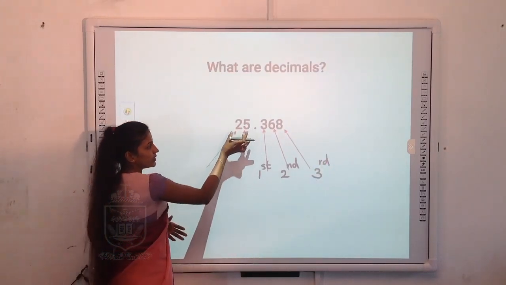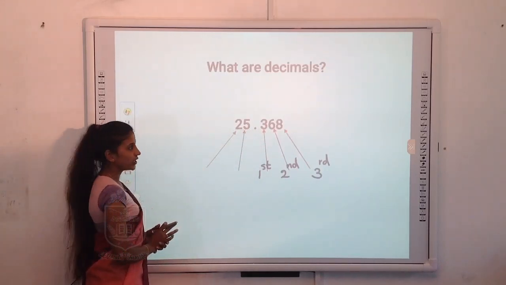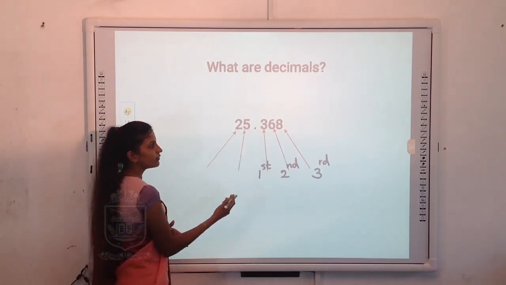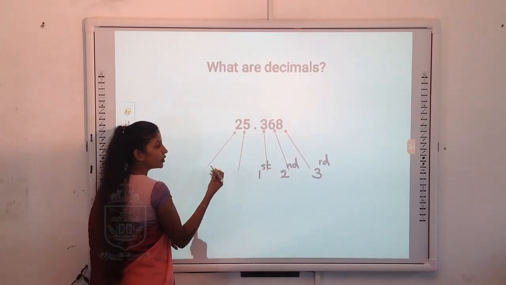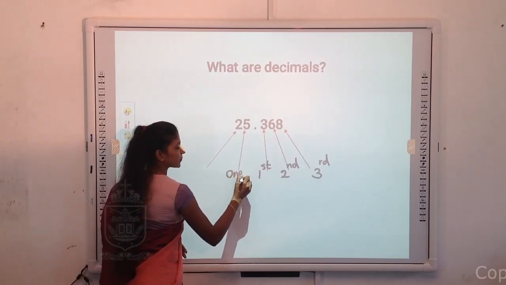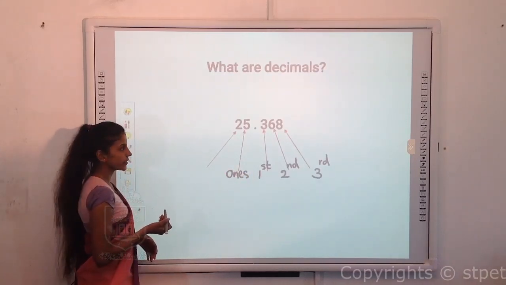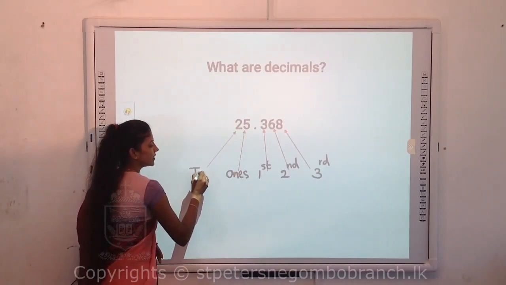Okay, the place value to the left of the decimal point, we already know that. That is the ones place or units place. The second place value can be taken as the tens place.